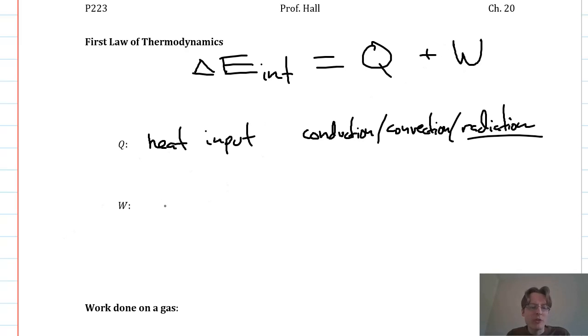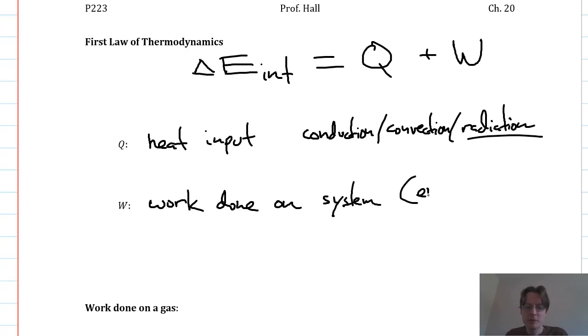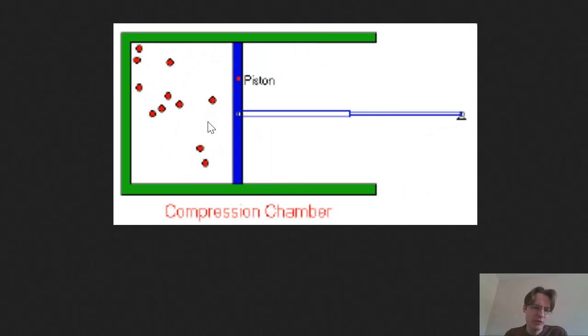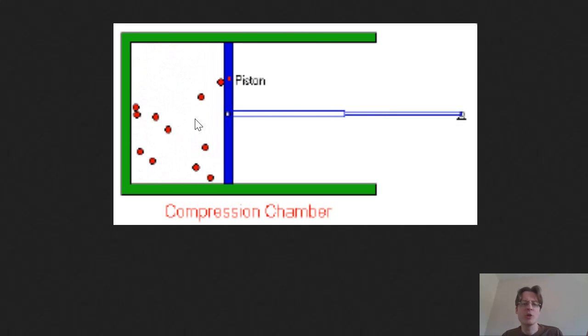W represents work done on the system. In other words, it's positive for energy input. That's when the gas is squeezed by the piston. The energy goes up.